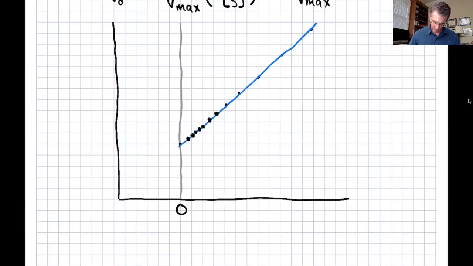There are a couple of problems though. One is that if you look at how those points are distributed, you notice something. Remember, this is 1 over V naught, and this is 1 over concentration of substrate. This is an inevitable consequence of what happens in double reciprocal space.